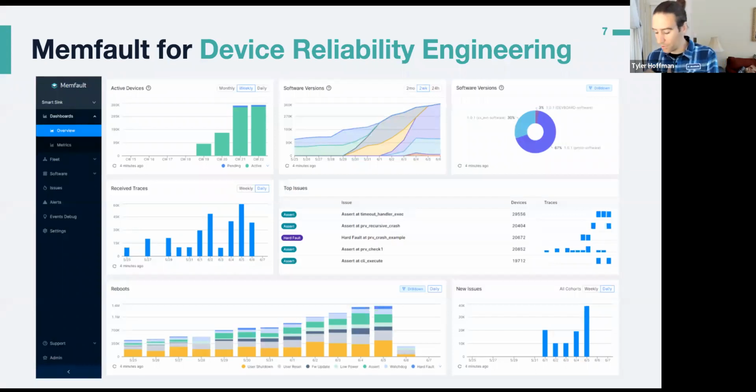And by capturing core dumps and by capturing the current software version that your device is running and the various metrics and reset reasons and battery life information, we can provide kind of a holistic view of what's going on in all of your fleet of devices, whether it's 1 to 10 kind of at your desk or in your office, or 1 million devices out in the field that you really want information on in kind of a holistic view.